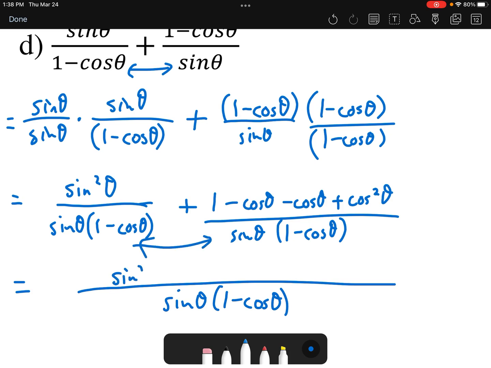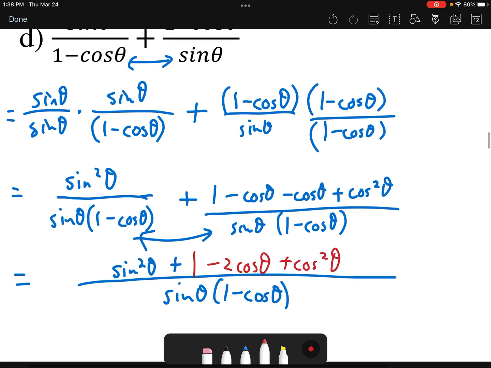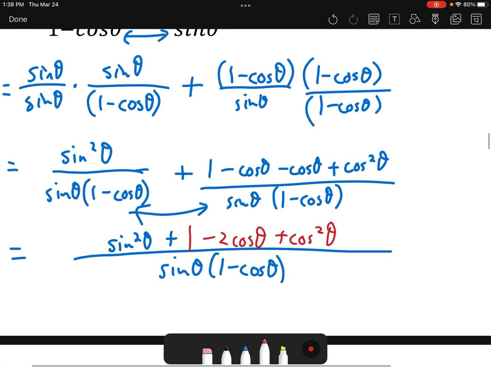So then we would have sine squared theta plus, well, let's see, 1 minus 2 cosine theta plus cosine squared theta. Now, if you paid attention to your Pythagorean identities, you should recall that sine squared plus cosine squared equals something.